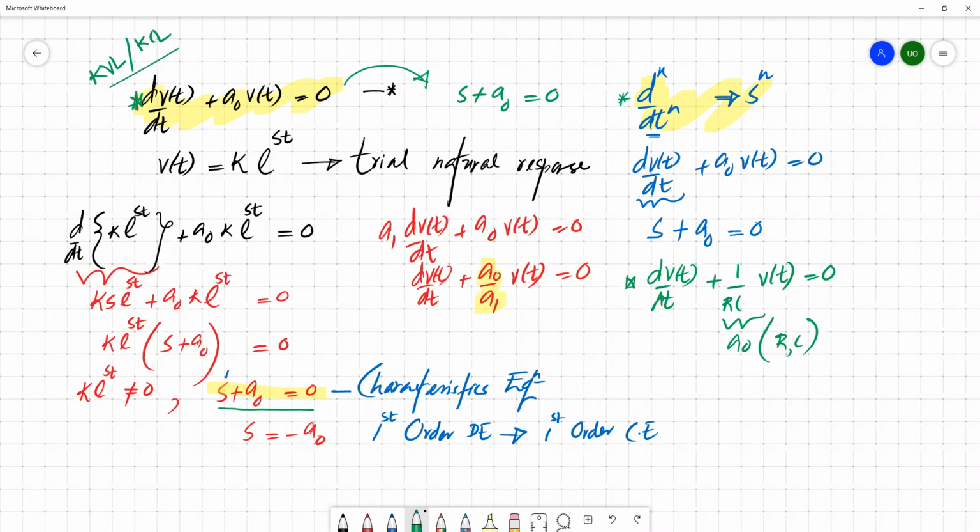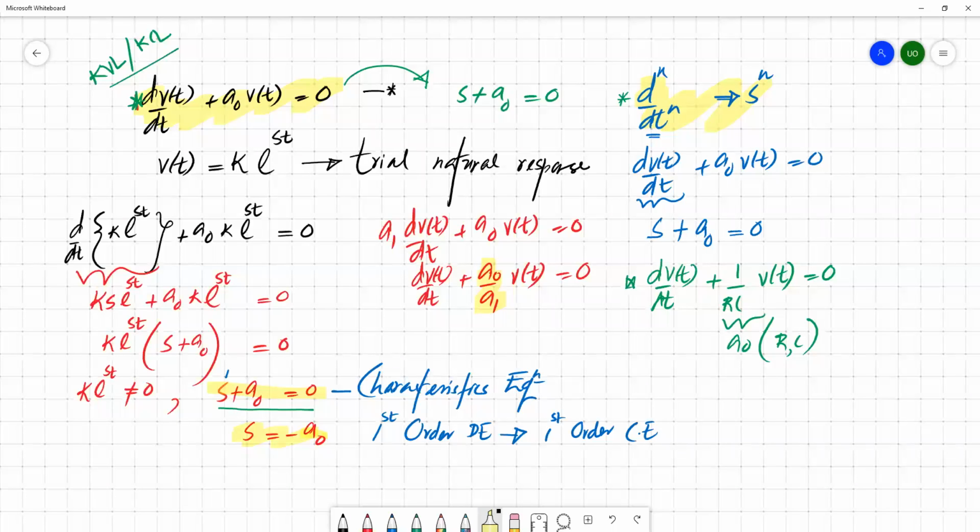Okay. So now A naught is a function of R and C, like here. From this, we can get the value for s. So s is the exponent of the trial solution.